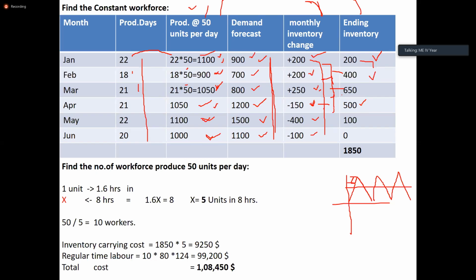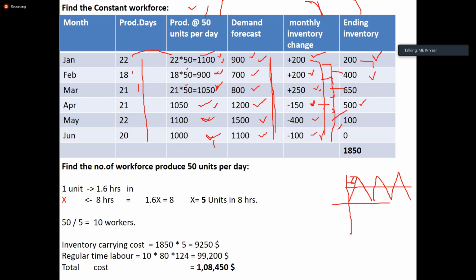Again, when you go to the next month, May, you produce something and you need an extra 400 products. So what will you do? You will go to inventory and take it. Similarly, at the end of June, you produce 1000 components, but you still need 100.